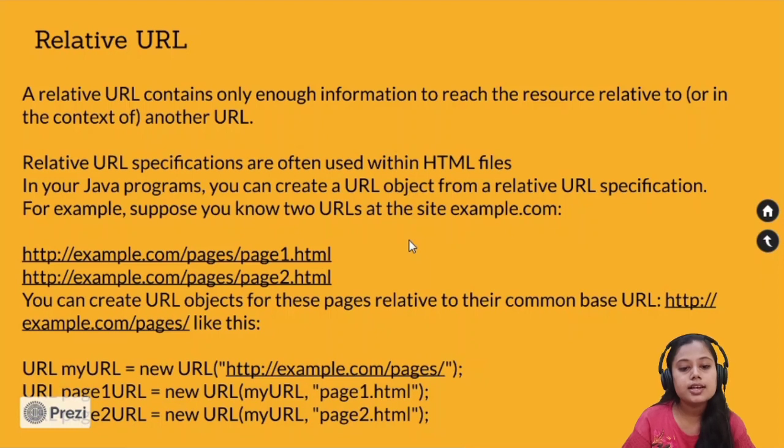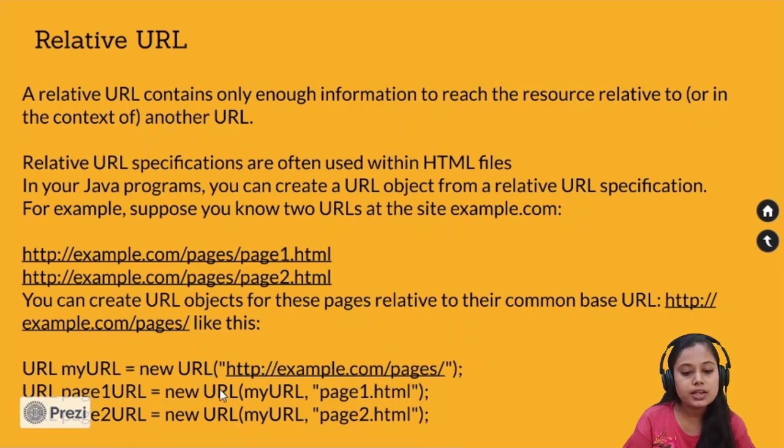Now let us consider an example where there are two URLs at the site example.com. These are the two URLs. You can create URL objects for these pages relative to their common base URL http://example.com/pages like this. First, we create a URL object, myURL, and specify the address of the URL.